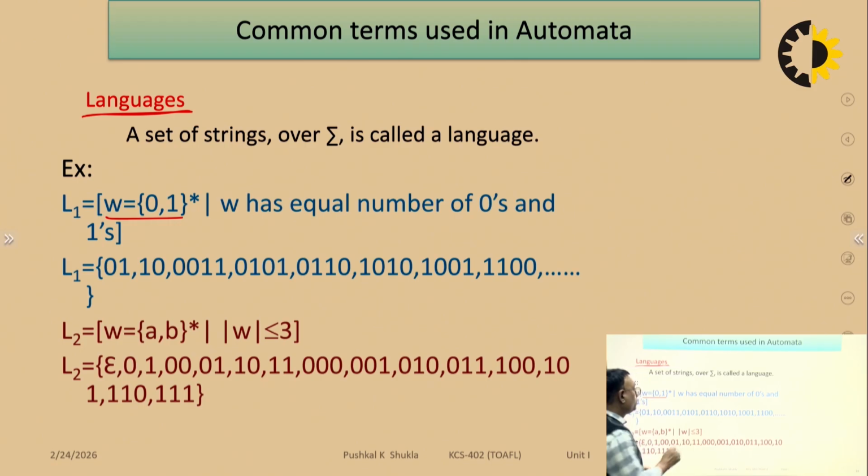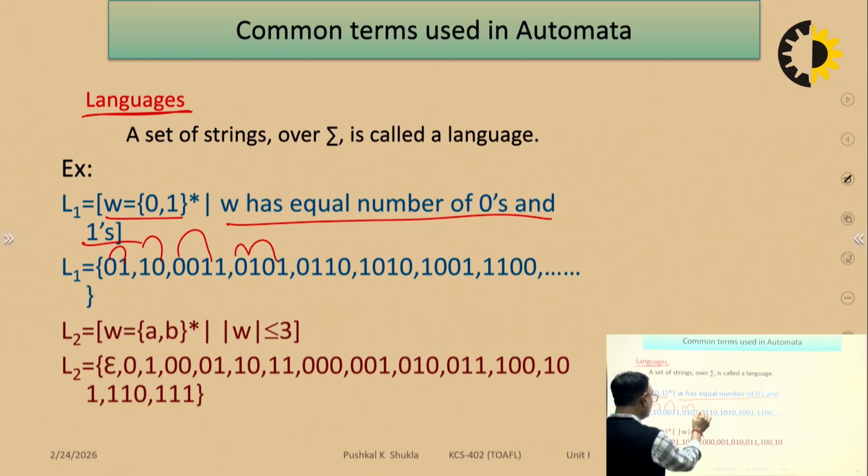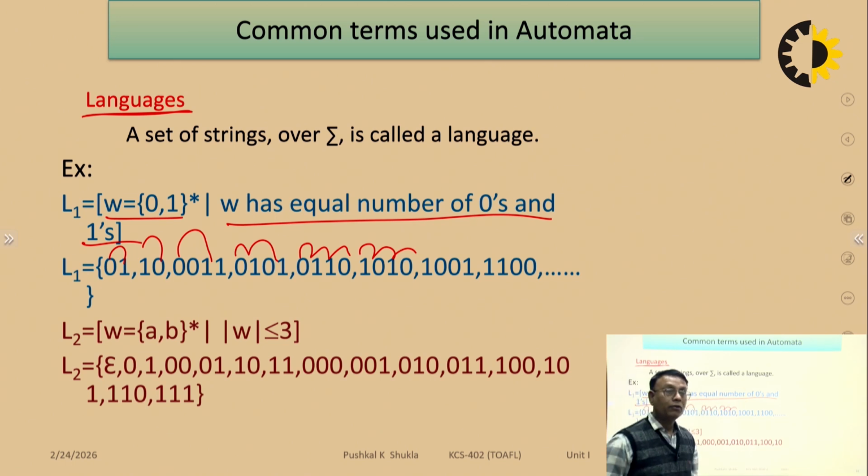So which strings are in this language? Equal numbers of zeros and ones, like 01, 10, 0011, 0101, 1100 and so on. So this is language L1.